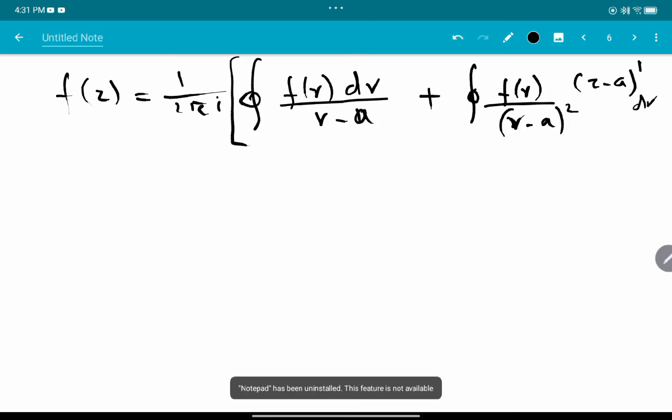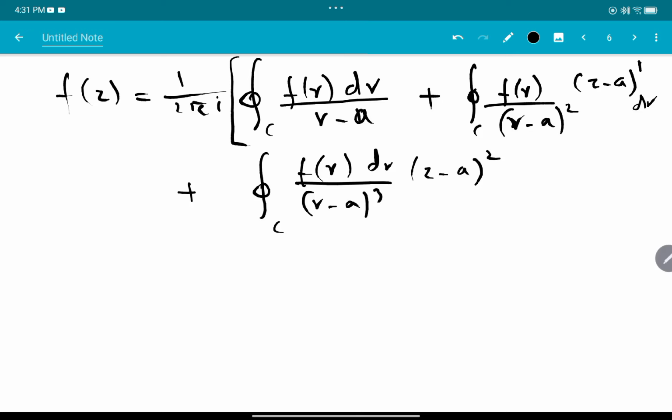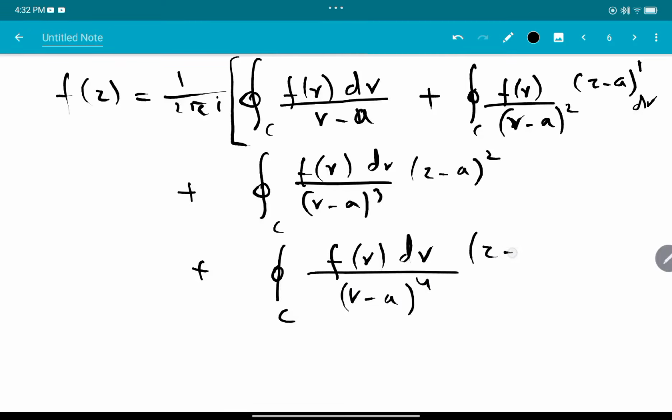Then similarly, if I carry on, I have the integral of f(gamma) divided by (gamma minus a) cubed, times (z minus a) squared d gamma, plus the integral of f(gamma) d gamma over (gamma minus a) to the 4, times (z minus a) cubed, plus dot dot dot.